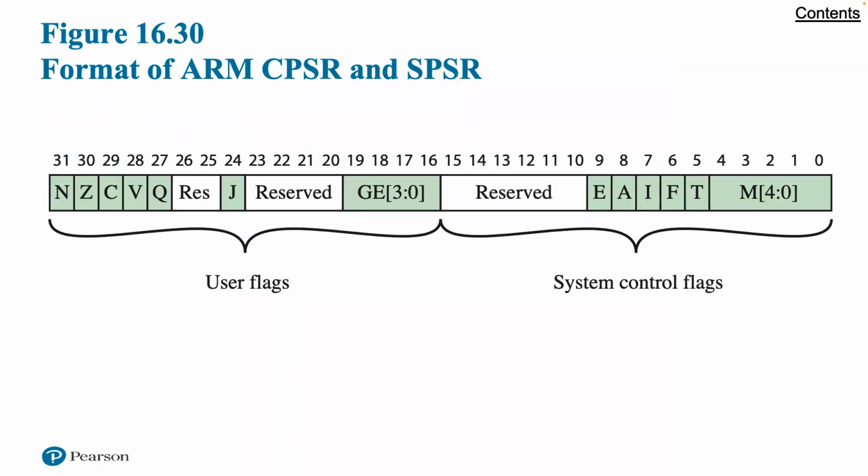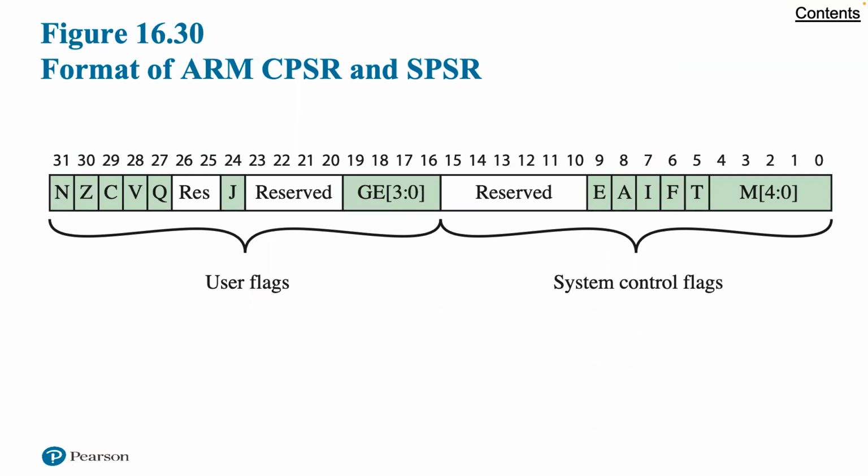Okay, so continuing on, the CPSR is accessible in all processor modes. Each exception mode also has a dedicated SPSR that is used to preserve the value of the CPSR when an associated exception occurs.